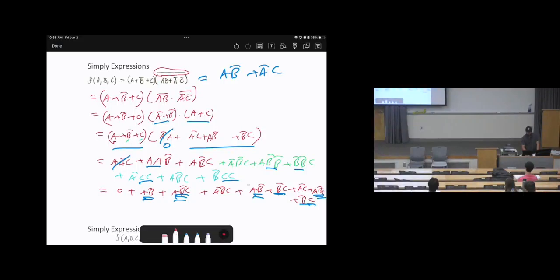So we know x plus x equals x, so these terms will remain: A B bar plus A B bar C plus A bar B bar C, this term already done, repeated, plus A bar C. Is it AC bar or A bar C? A bar C, I think.